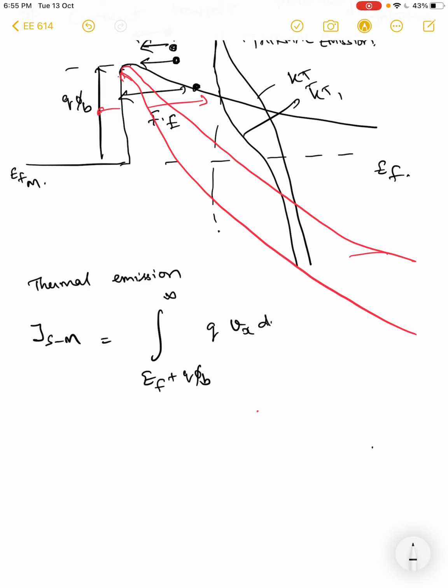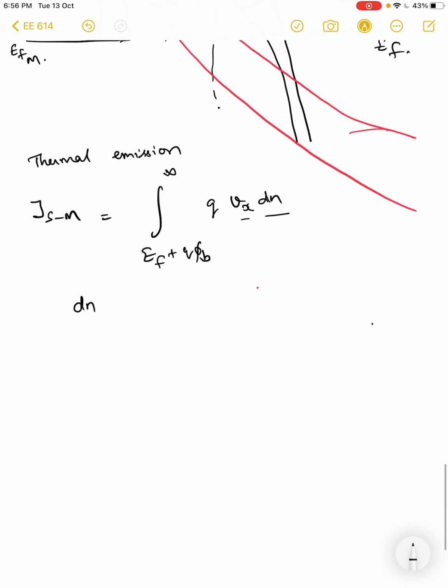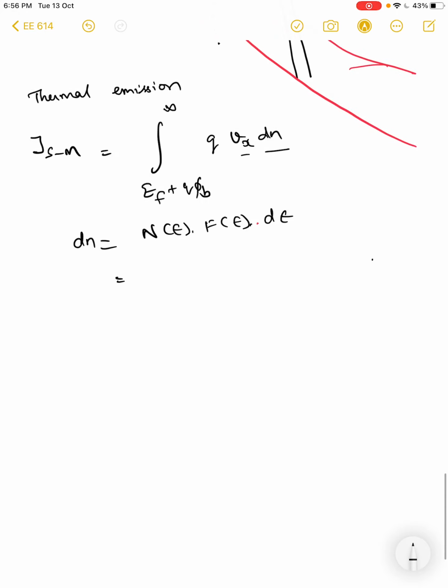So the number of electrons that are above these energy levels, above the barrier height, and their velocities times charge will give you the actual current. So how do we calculate this? We know this dn is basically n of E f of E dE, which will turn out to be 4 pi (2m star)^(3/2) by h cube, root of E minus EC.